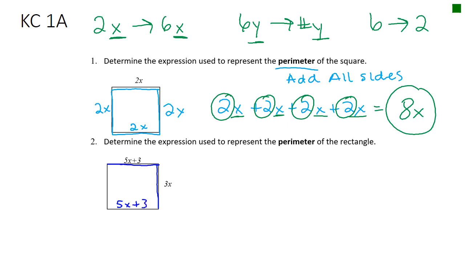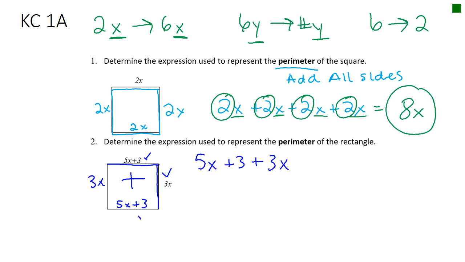To the right is 3x, so the left has to be 3x. Again, you have to add all the sides. So I'm gonna write the equation first. So 5x plus 3 is the first one. That's my little check. Plus 3x. So I'm always adding. So if this helps, put a big plus sign in the middle.